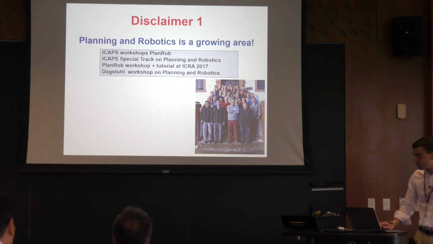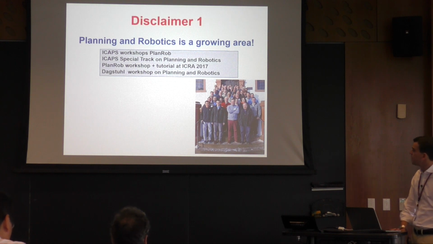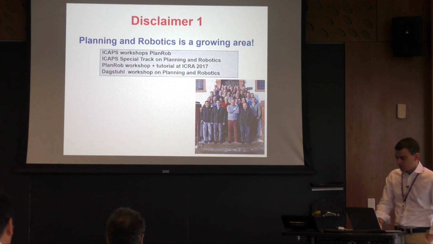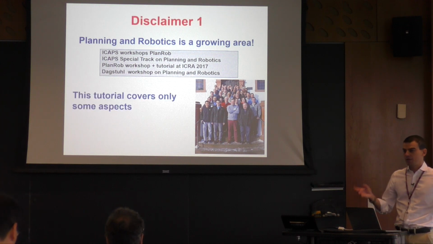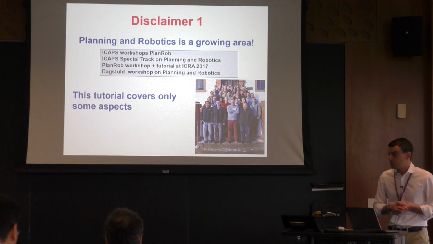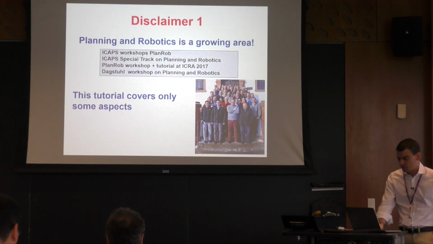And we also had a Dagstuhl workshop a few months ago, where we gathered together people from the planning and robotics communities to set challenges and goals. And so this tutorial is not meant to give a survey, but just to cover some of the aspects on the synergy between planning and robotics.